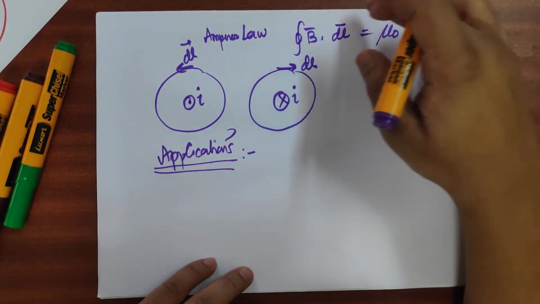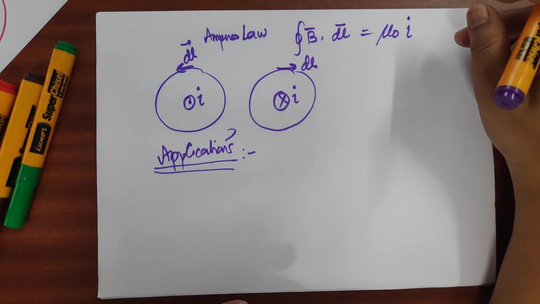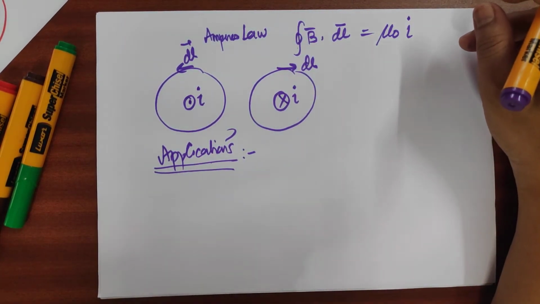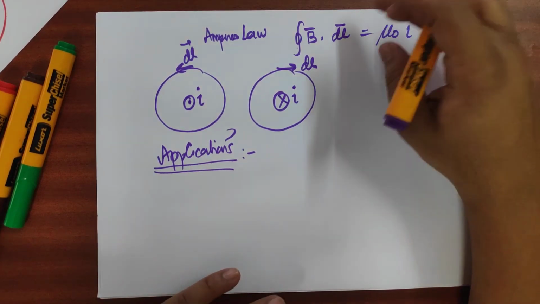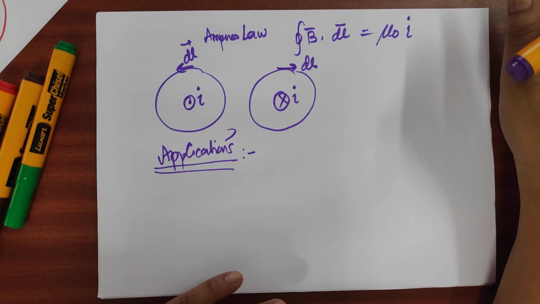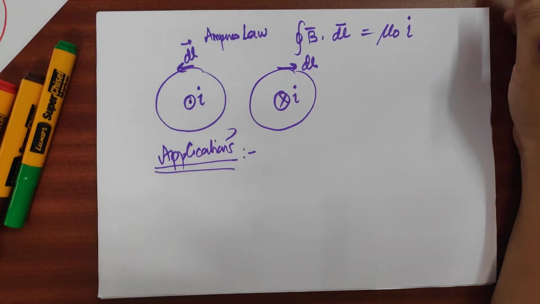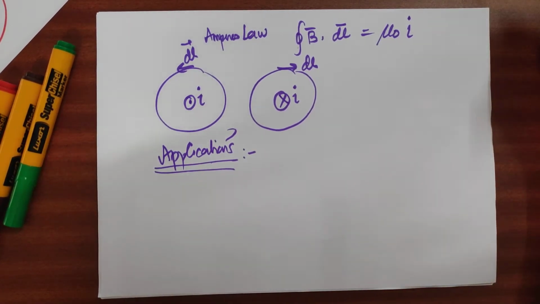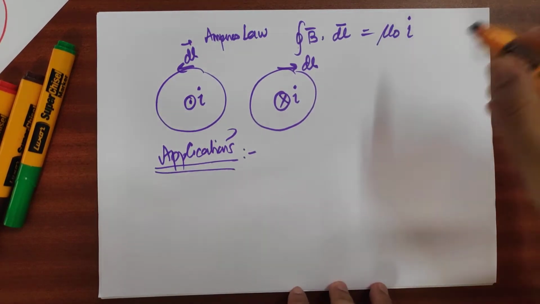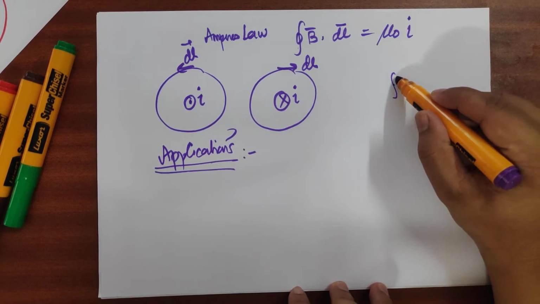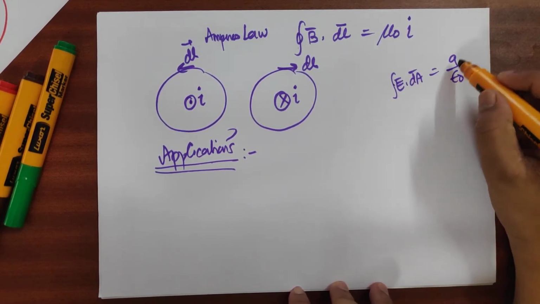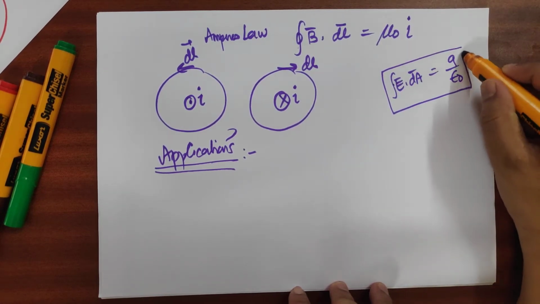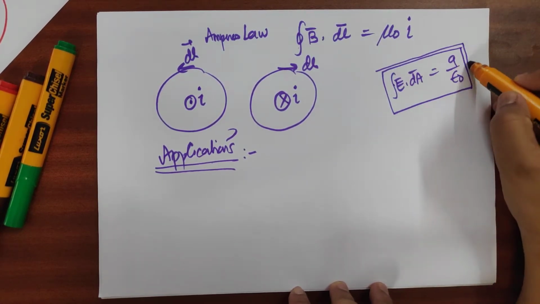is true. You will apply the same Ampere's law in vacuum and in a magnetic substance also. In both cases it is the same law. Remember, in Gauss's law also, in vacuum and in a dielectric, Gauss's law is the same. So integral of E dot dA is equal to Q by epsilon naught. Gauss's law does not depend on medium.